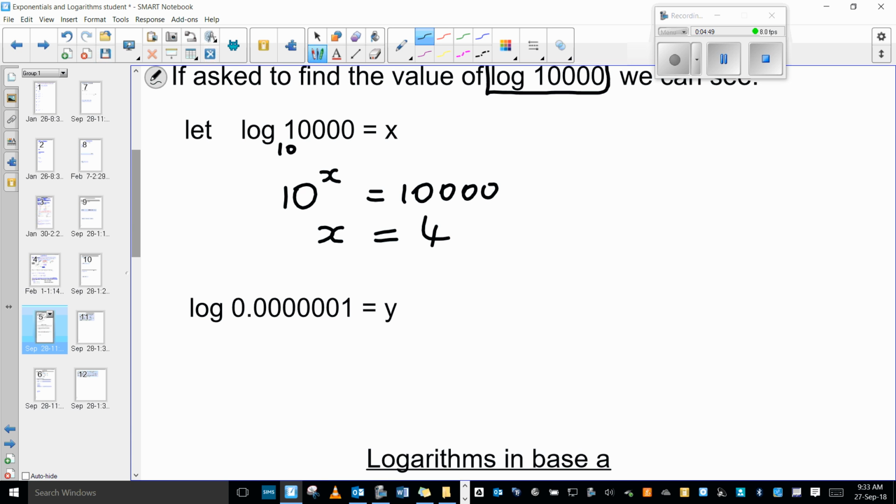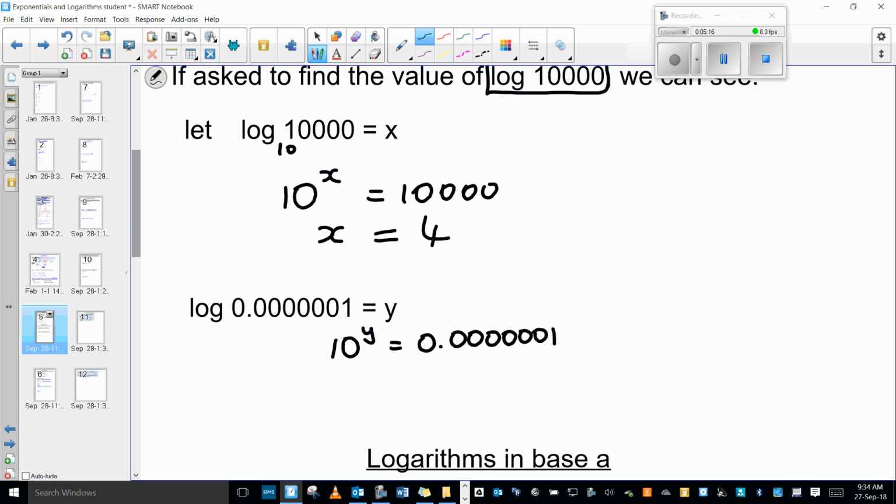Similar situation. We've got 10 to the power y equals 0.0000001. Oh gosh. 1, 2, 3, 4, 5, 6. Now, this isn't written in a nice way, is it?